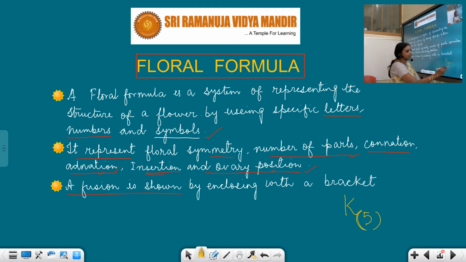So the fusion of these sepals you can show with a bracket. Putting a bracket here, we can represent that it is gamosepalous. And if it is like this without a bracket, that means it is polysepalous. 5 sepals are present, but it is polysepalous. So fusion is shown by enclosing with a bracket.